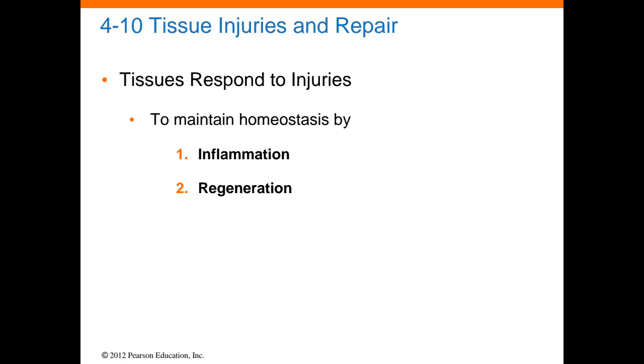So the swelling will be caused by an increase in blood flow to the site of damage. That's one. And two, the swelling will be caused by that extra load of white blood cells that will travel to the site and deposit themselves in the site of damage. And so when they pack on there, it begins to swell.